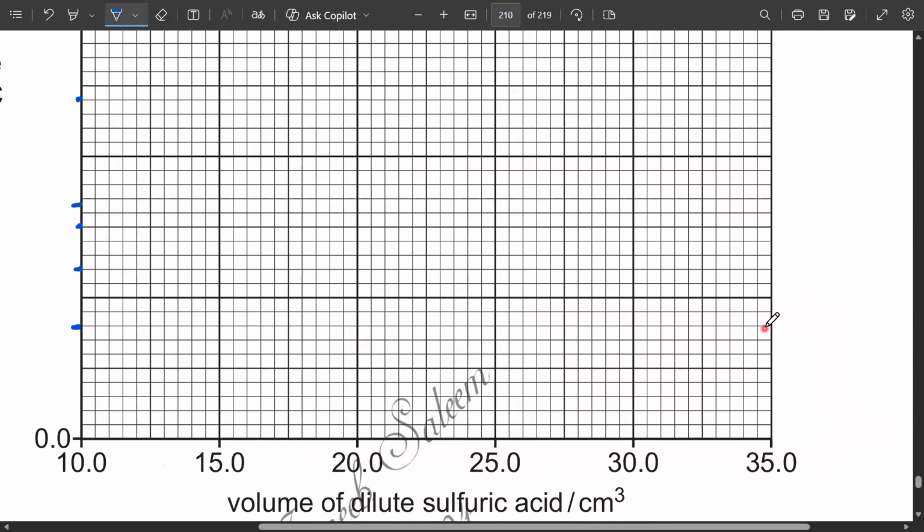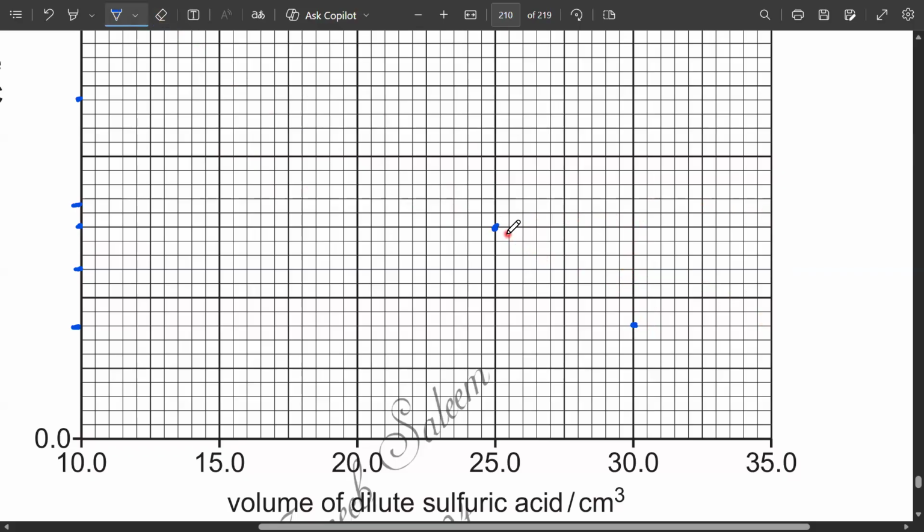So 30 cm cube with 8 value. The next one was 15. So this is 15 with, okay, we had the volume of 30 cm cube initially. And then for the value of 15, we had a volume of 25 cm cube.